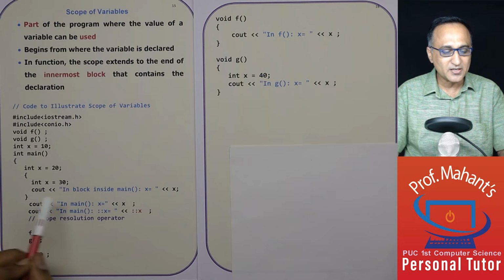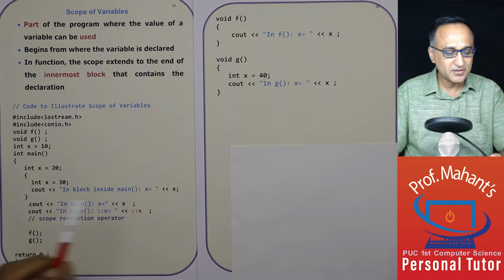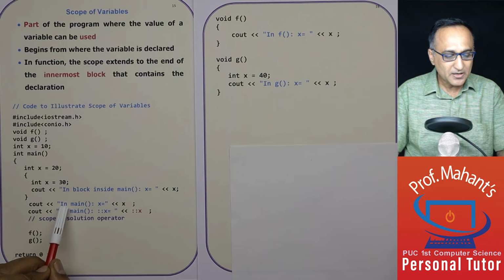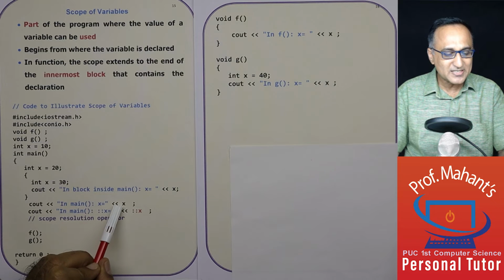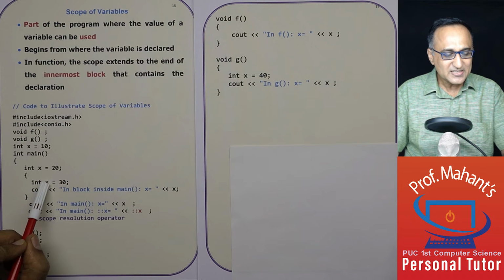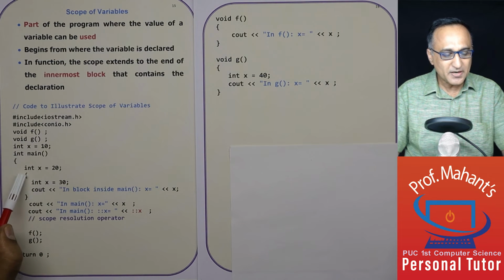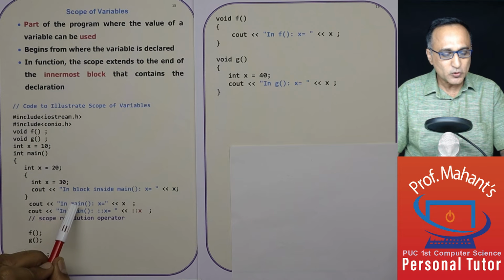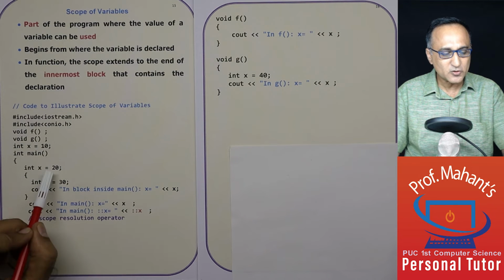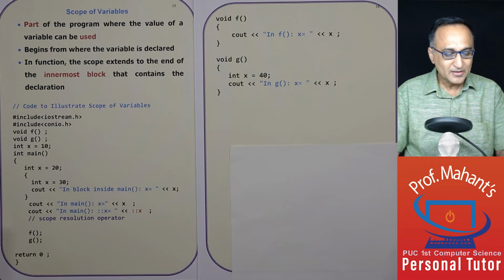Now in main, when I print the value of x, this x scope has ended because it began at a flower bracket and ended at a flower bracket. Now which is the nearest x? It is this particular one. So in main, when I print the value of x, it's going to print 20.